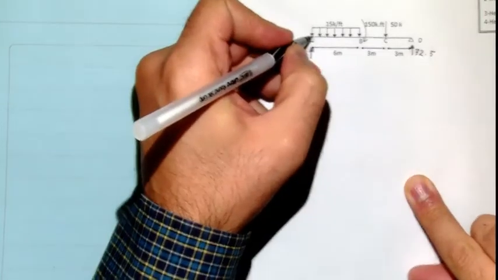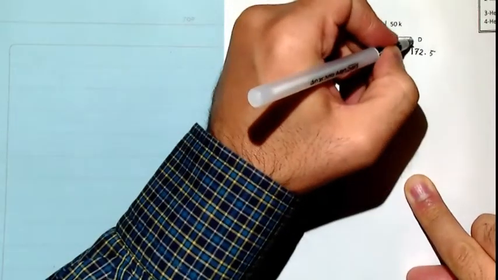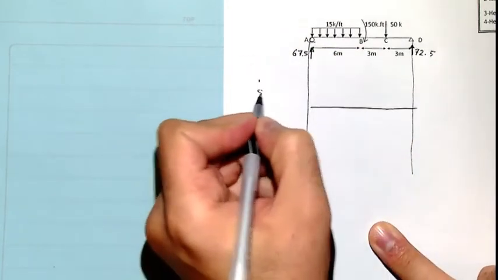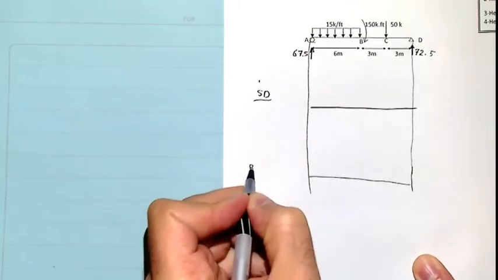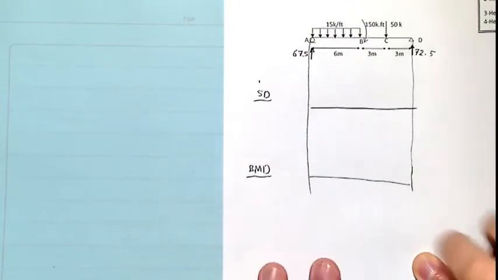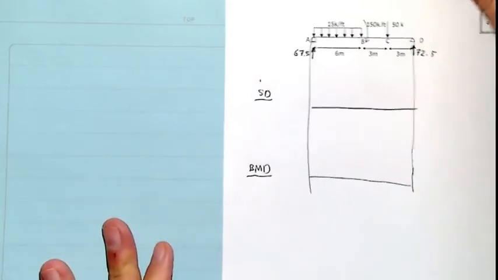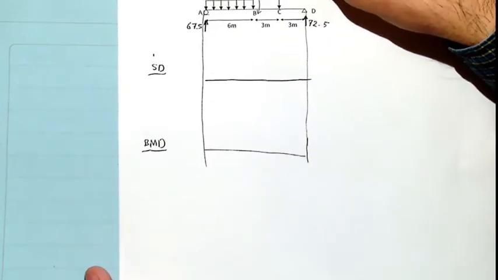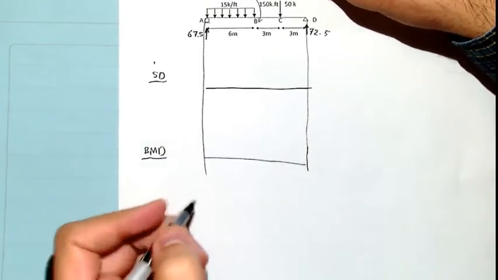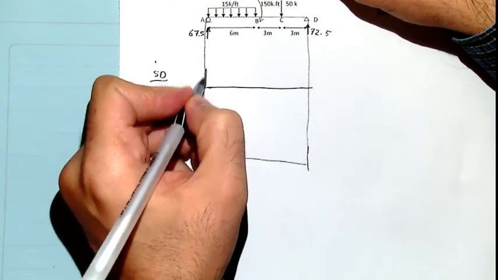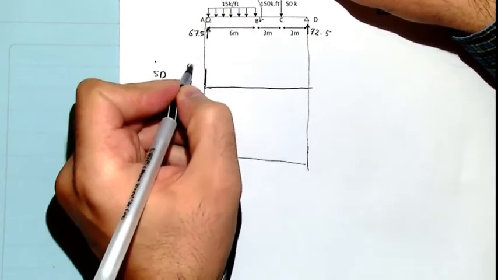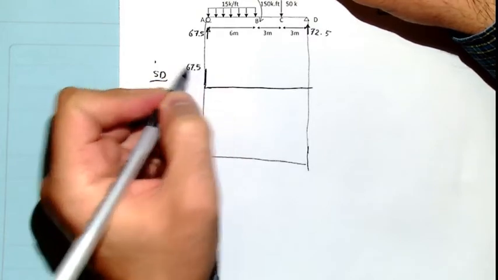Now I just draw the line exactly underneath this structure, the shear diagram, then the bending moment diagram. From here it's upward, we go upward, and with the reaction we're going to reach 67.5.